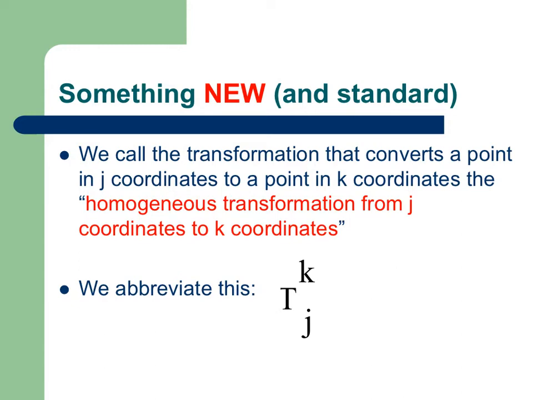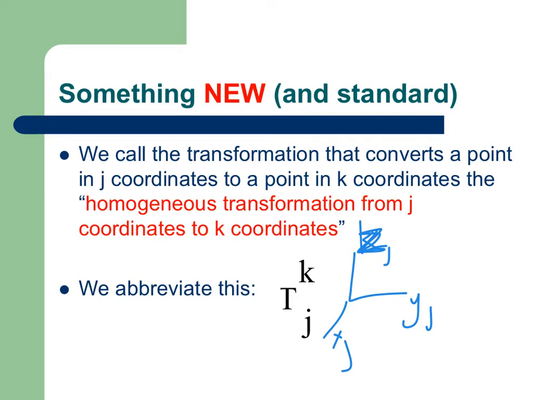So maybe this is my J coordinate frame, and I also have X, Y, and Z. So there's X sub J, Y sub J, and Z sub J.